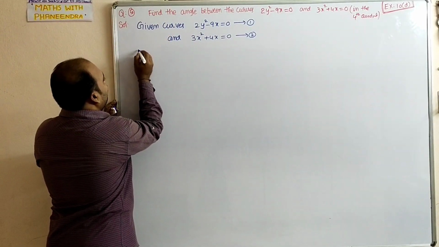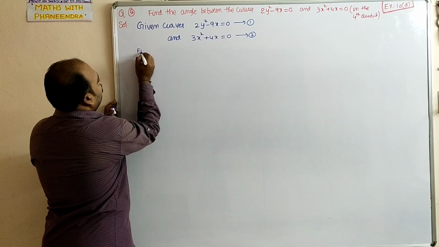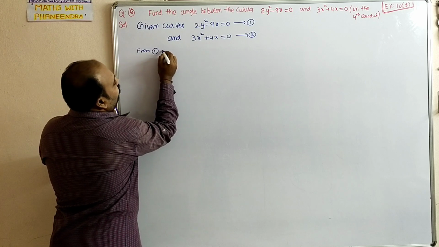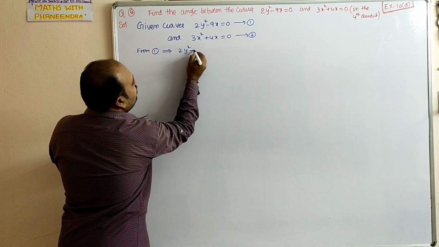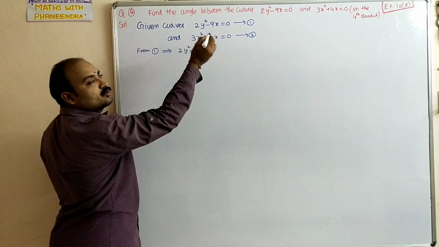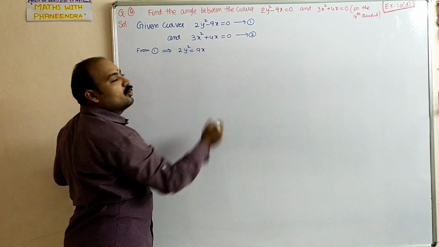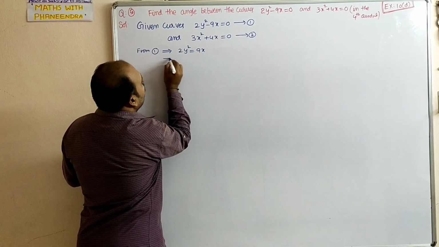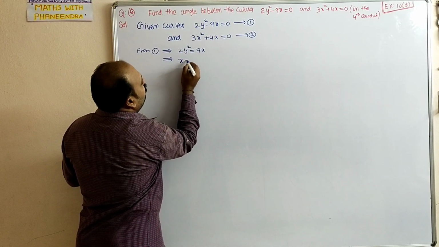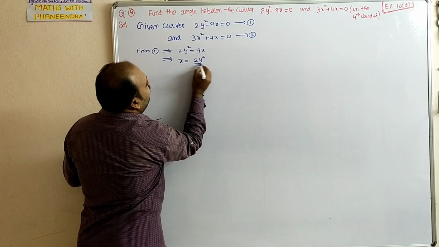From equation 1, 2y square - 9x equal to 0 means 2y square equal to 9x. From that I am making x the subject. So x is equal to 2y square by 9.